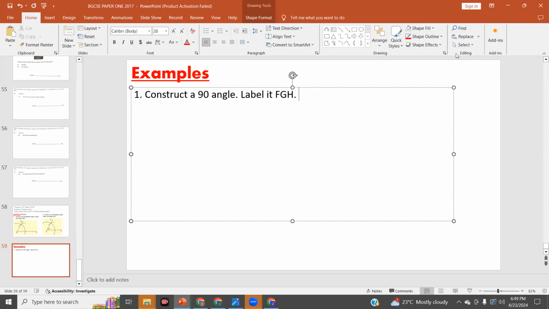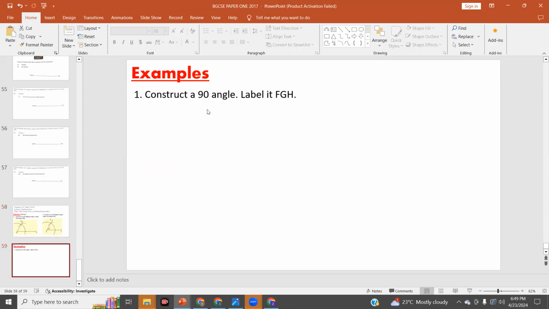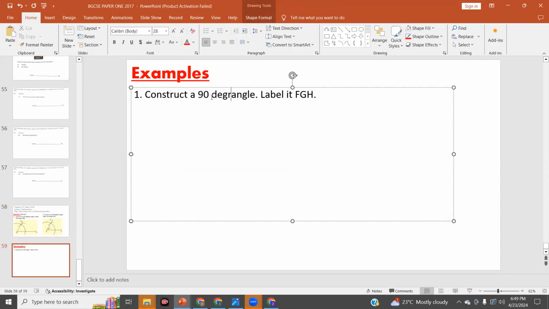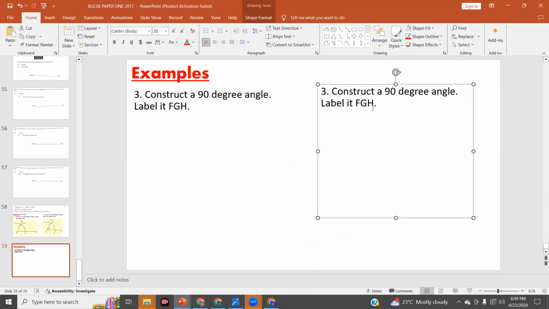That's what we're going to do. Then this is example 3, and we're going to do the same thing again. We're going to construct a 90-degree angle again, so we're going to do it twice, and then label it LMN. All right, good.